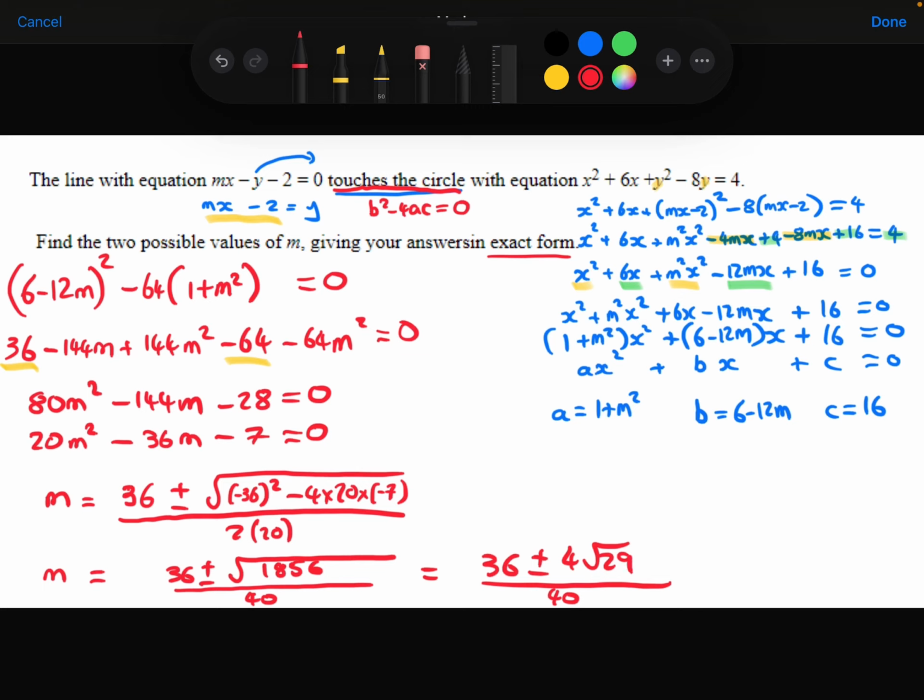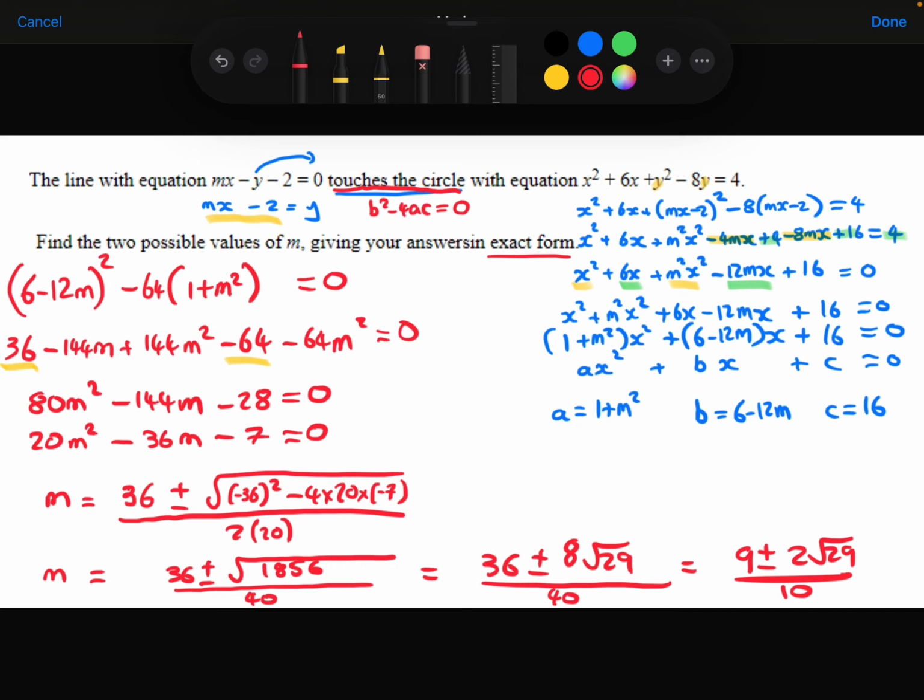Sorry, I misread my calculator there. So dividing each of those terms by 4 gives that, and I think that's as simple as I can write my 2 possible values of m in exact form.